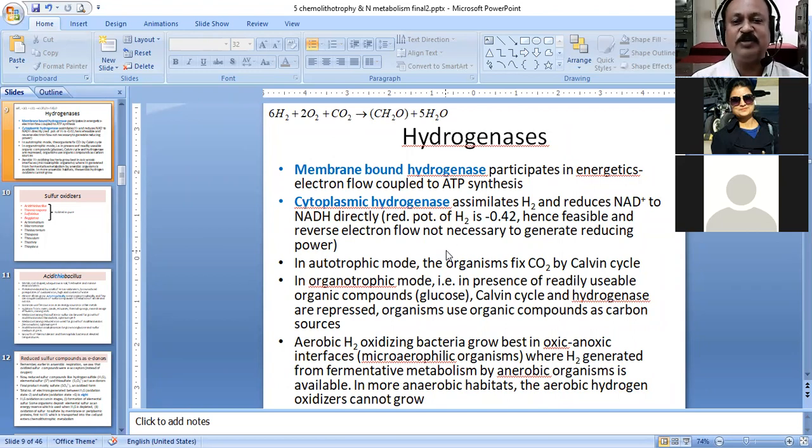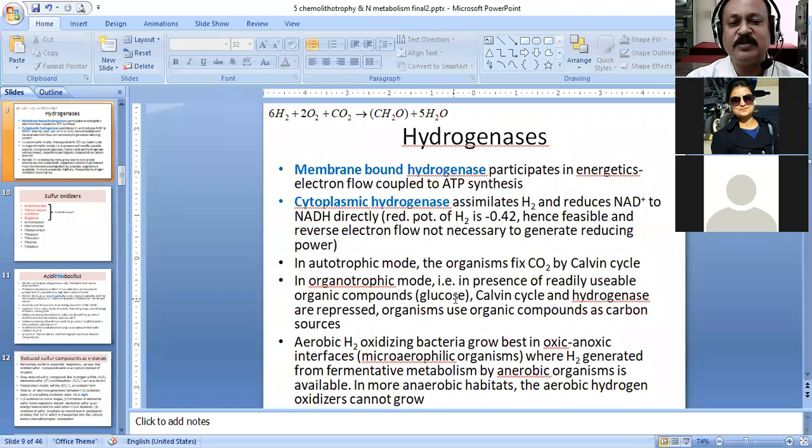When hydrogen goes in the cell, it is used by cytoplasmic hydrogenase to reduce NAD. So NAD+ becomes NADH + H+, and this reaction is done directly by the cytoplasmic hydrogenase.